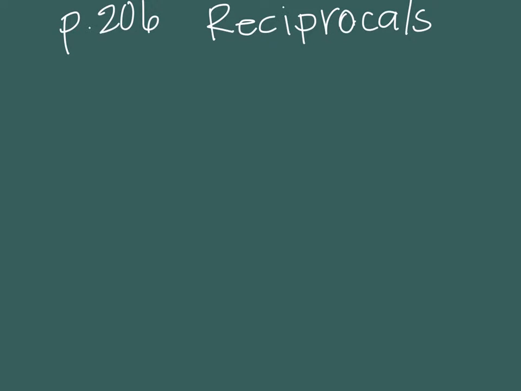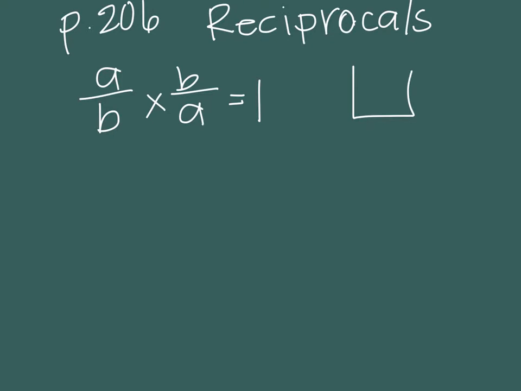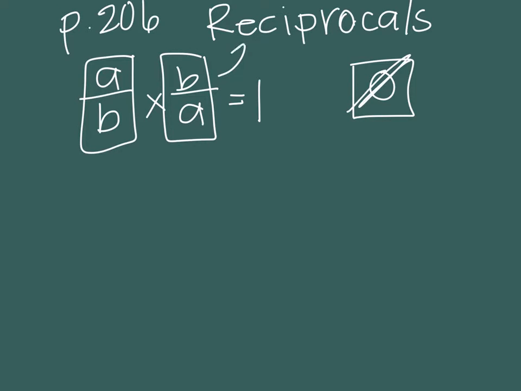It says if A and B are any number except 0, then A over B times B over A will always equal 1. The only time it won't be would be if A or B equaled 0, then it would not work. So A over B and B over A are reciprocals of each other. It's like I flipped them.